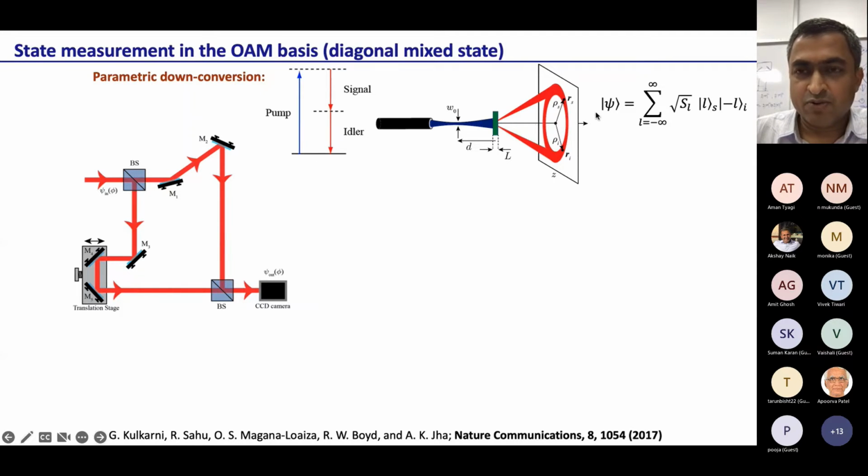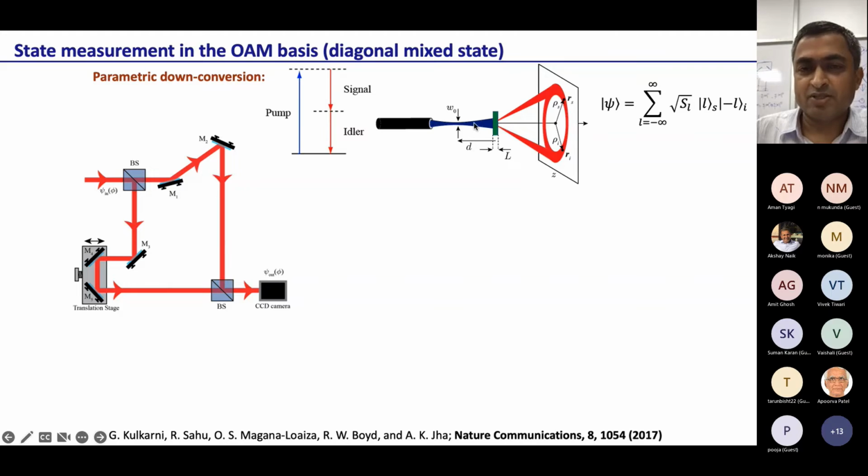So even if I don't go into full detail, the state of the entangled photons in the orbital angular momentum basis looks like this. One pump photon breaks into signal and idler. Whenever the signal photon has orbital angular momentum Lħ, the idler photon has orbital angular momentum minus Lħ. So that is conservation of orbital angular momentum.